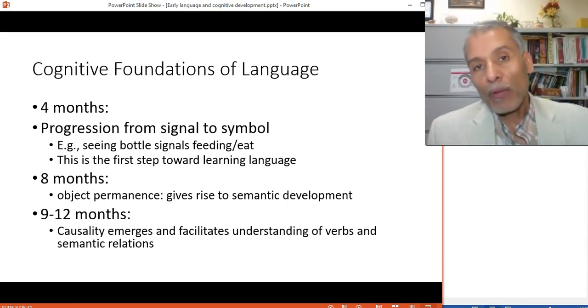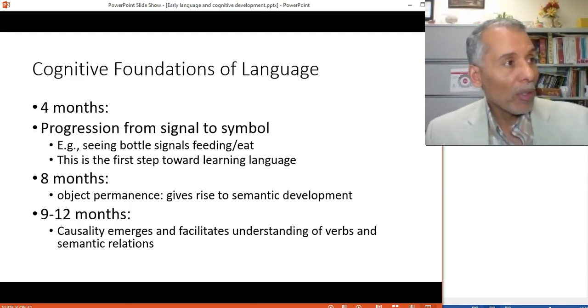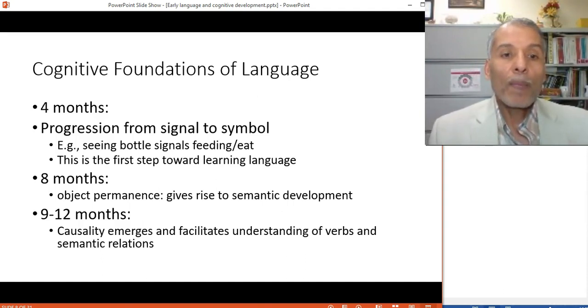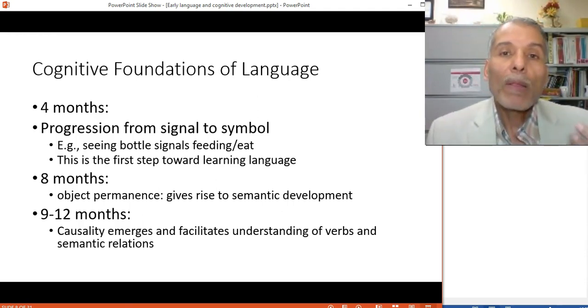The baby sees a bottle and thinks, oh, the bottle symbolizes nutrition, symbolizes feeding. So even if the bottle is empty, the baby is going to associate it with food. This is the first kind of step toward learning language.